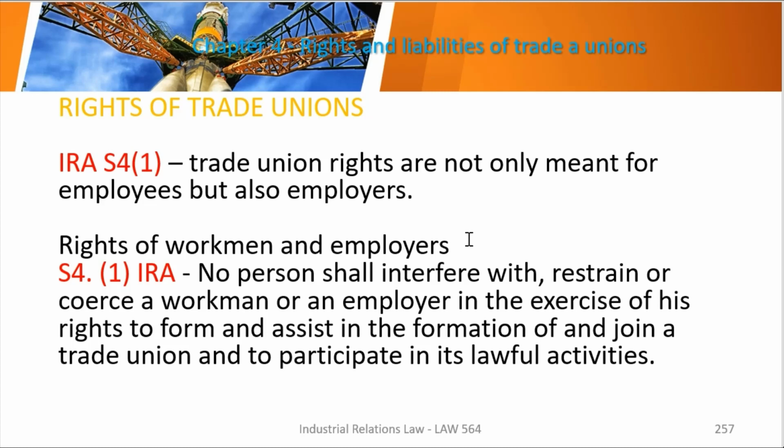So there are 4 areas. One is to stop a person from being a member. Second, to form. Third is to join, and fourth is to participate. So that is clear under the provision of the Industrial Relations Act.